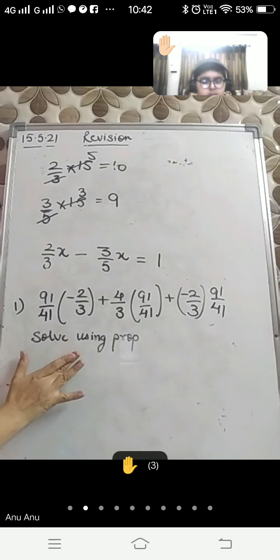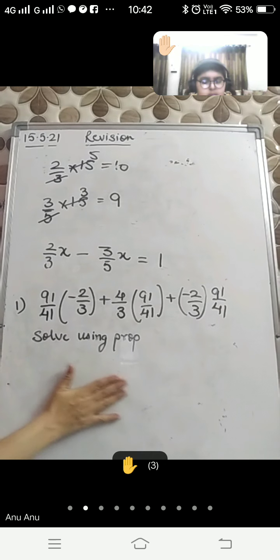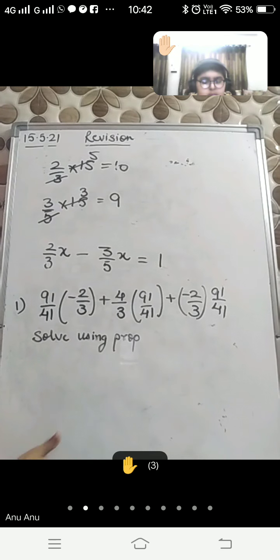Okay. Now do this. Solve this by using the suitable property. Be careful. Firstly, check out the property. Which property will you use here? Solve this, beta.